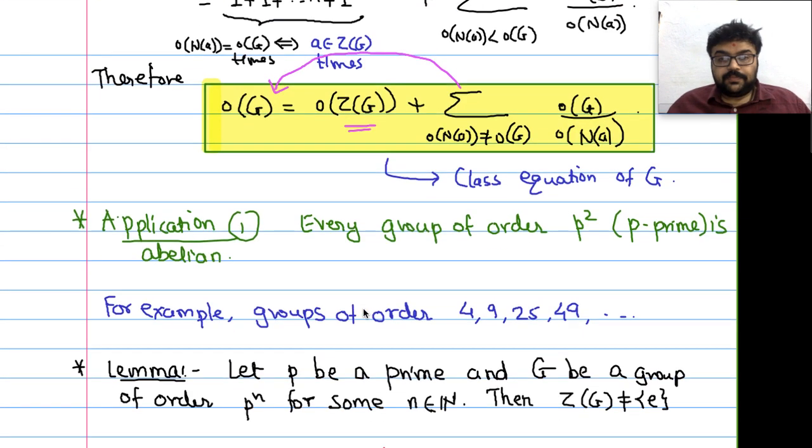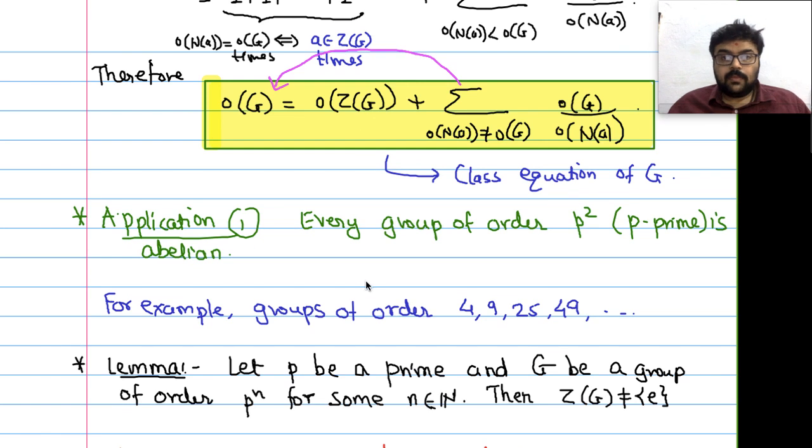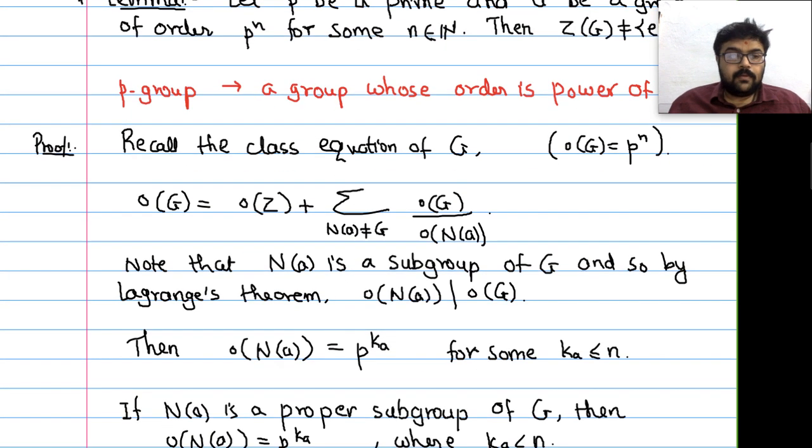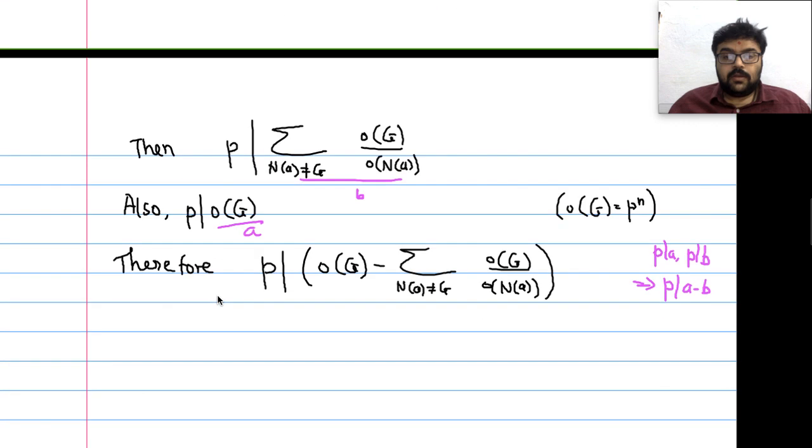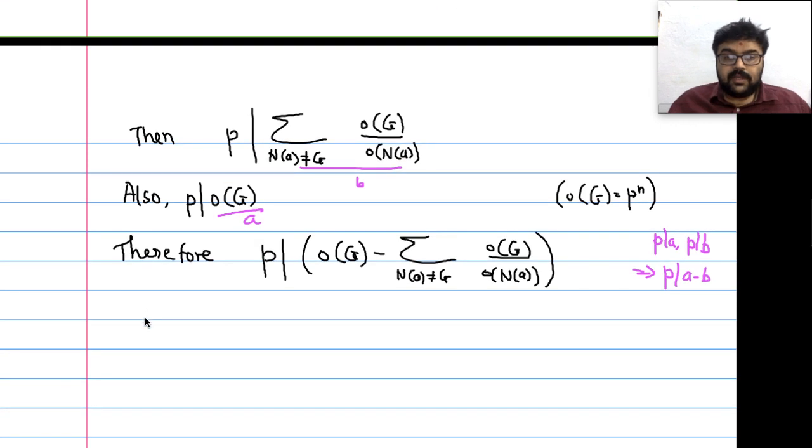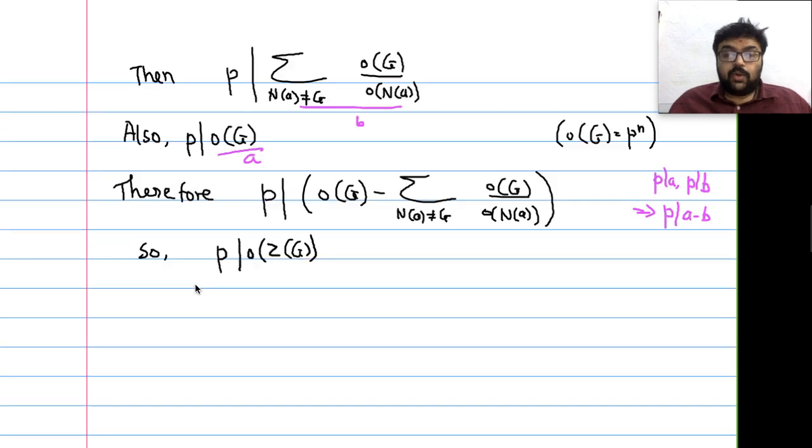So that means P divides order of Z(G), but order of Z(G) is greater than 0. P can also divide 0, right?